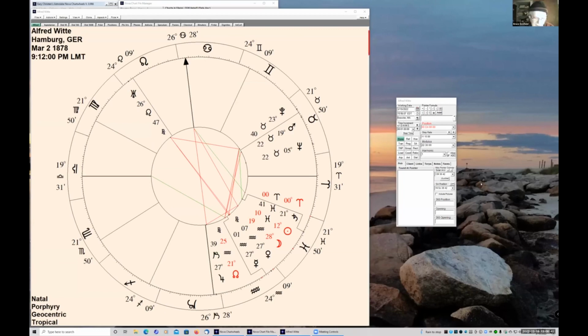The thing about it is it's as unique and as individualized as something like Vedic astrology. It's its own thing. Yes, it has overlaps with the rest of Western astrology because it was based on it, but the founder, Alfred Witte, whose chart is shown here, and as you can see has many planets in Aquarius, which are opposite Uranus, took it in his own direction, in a completely unique direction, and it's a solid system.